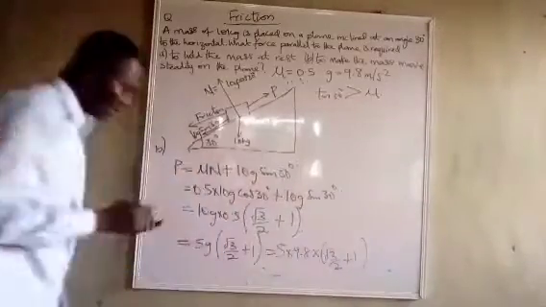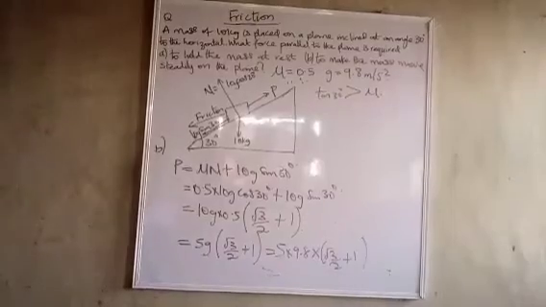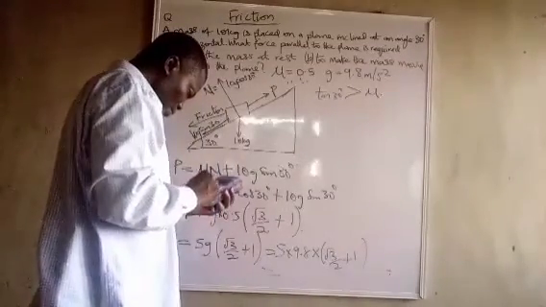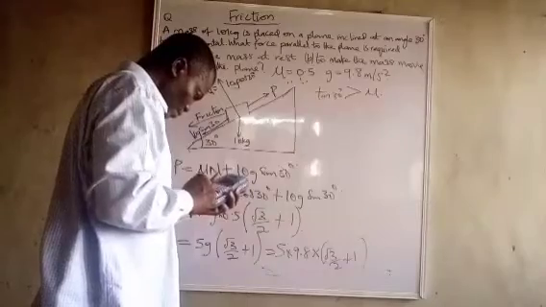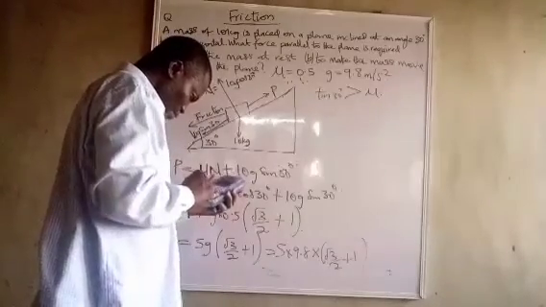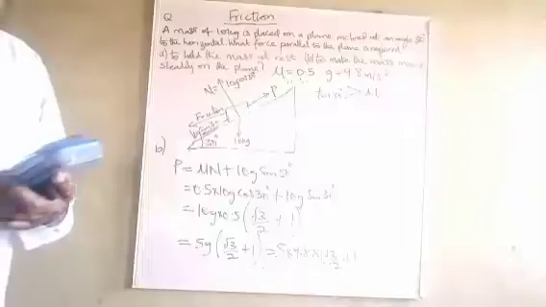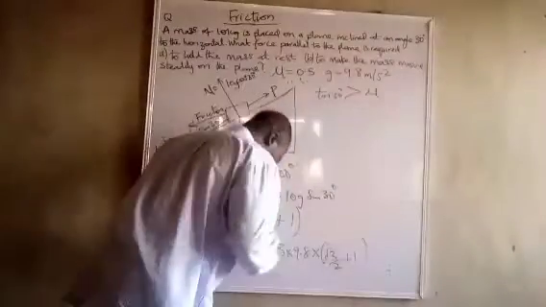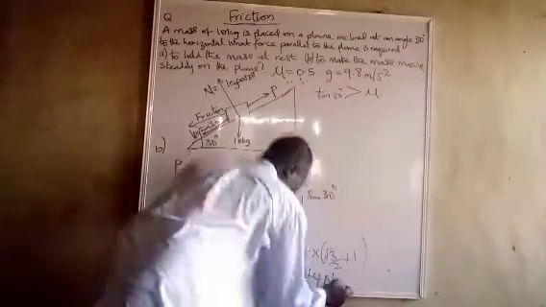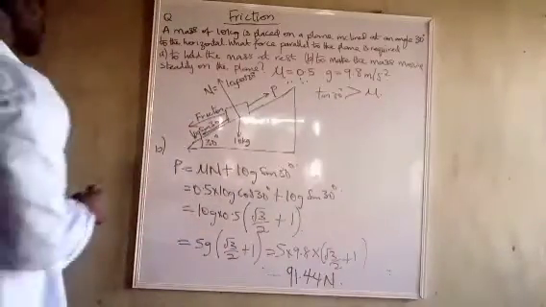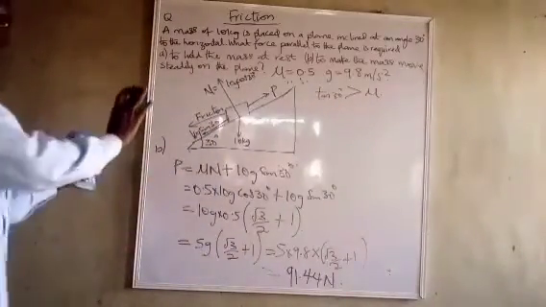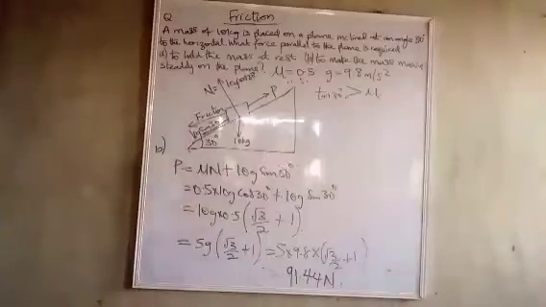So let's see what that one gives us. So that is 91.44 Newton. So when it is moving it up, you can see. But when it is stopping it from coming down, you can see the force.